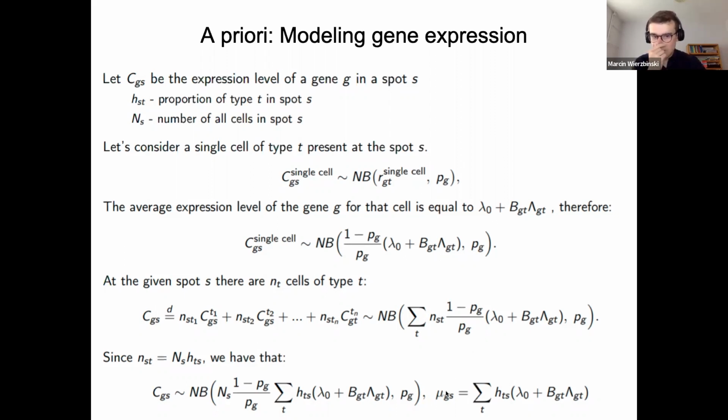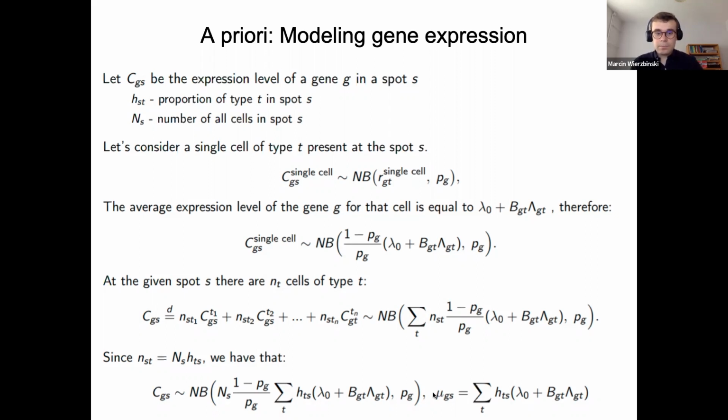This sum is very important in this model, because it tells us how we can, for instance, sample from a negative binomial to prepare simulation data, and also how we can observe the mean expression level for those places.